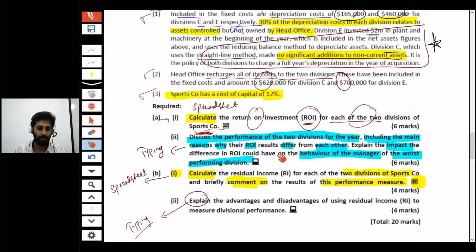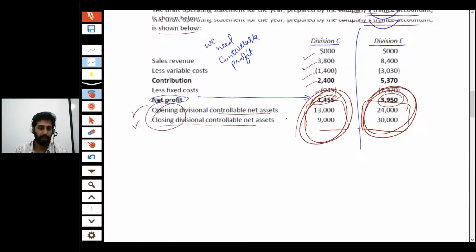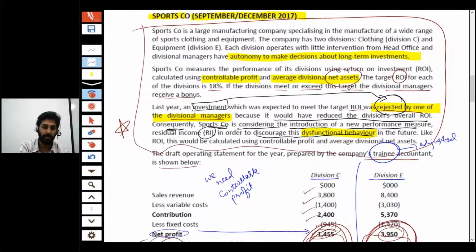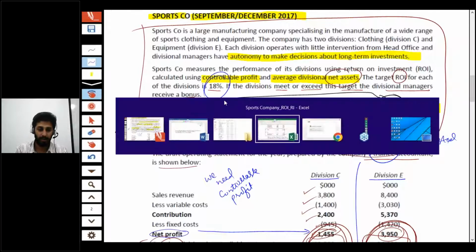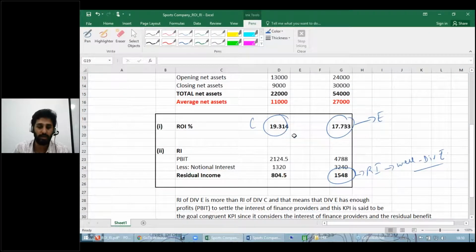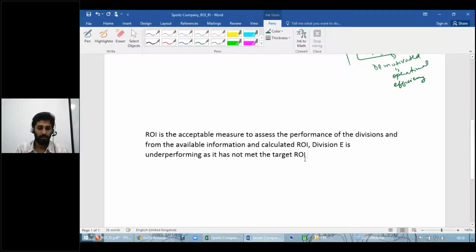And what is the target ROI? The target ROI is 18%, and division C has a 19% ROI, so the ROI of division C has exceeded the target of 18%.